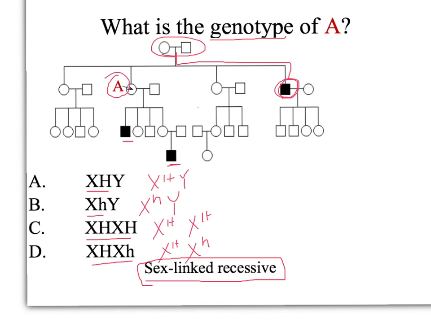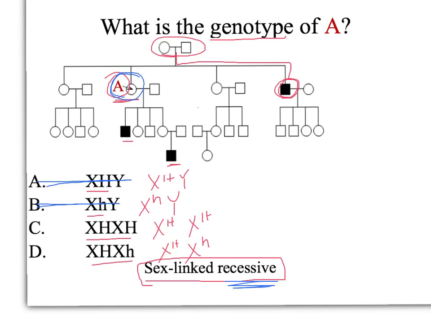Okay, so we know it's on the X chromosome, and individual A right here is female. So because that individual is female, I automatically know that they're not going to have a Y. So I can cross this out. I can cross this out. No Y chromosomes. This individual, we said that it was recessive, so this individual is not showing the characteristic.